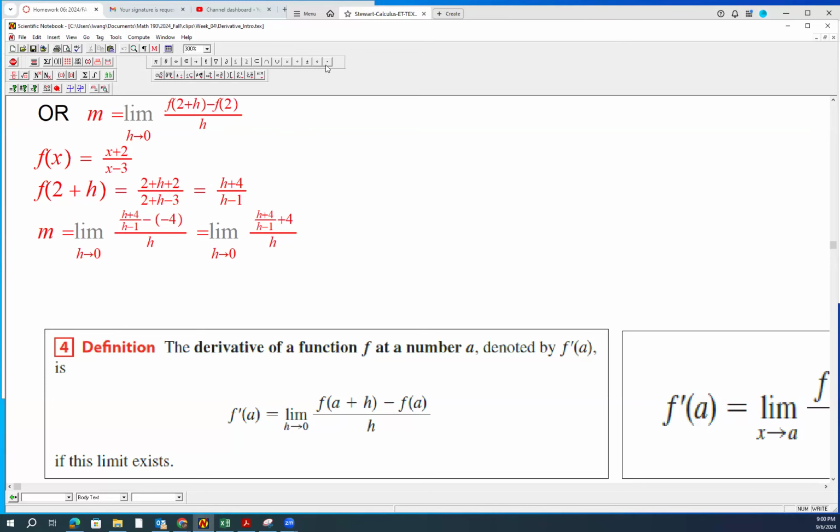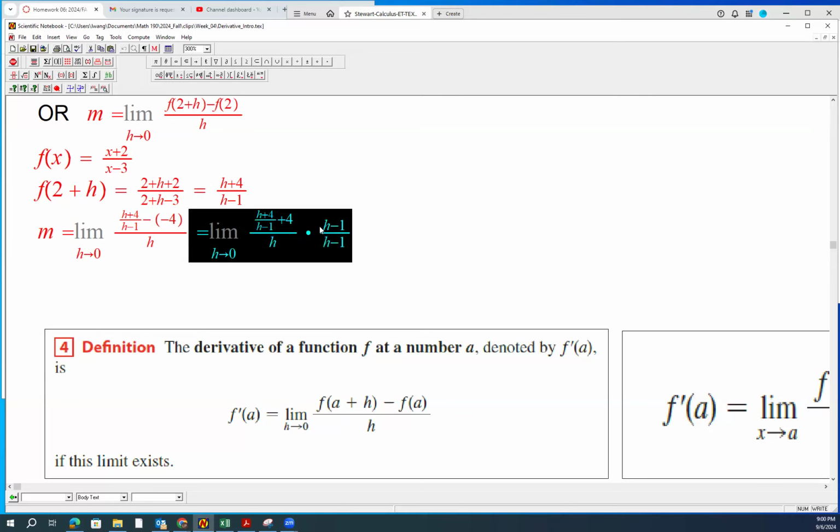So now once again, the technique is h minus 1 is a common denominator. You see, I line up the equal sign at the same level of the longer fraction bar.